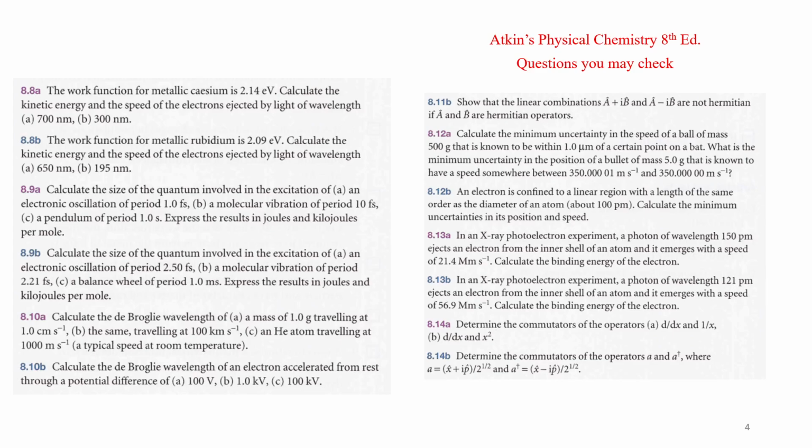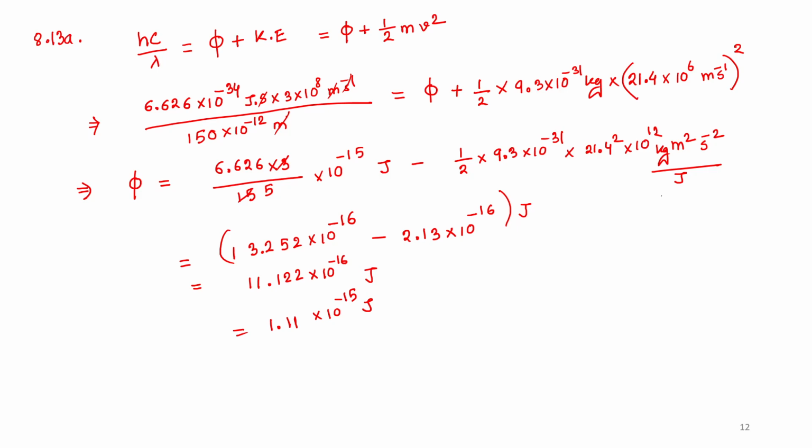Determine the commutator of the operators A and A dagger, where A is x plus i p, where p is obviously the linear momentum operator, divided by root 2, and A dagger is obviously the Hermitian conjugate of that, that is x minus ip divided by root 2. So this may be tough, even tough for me also. Let us try to solve it.